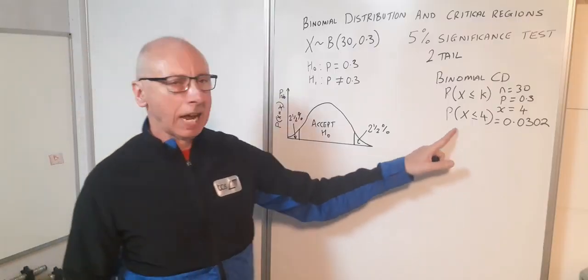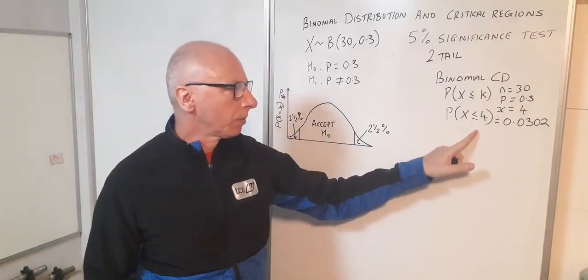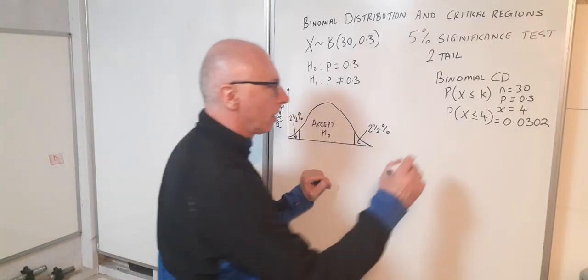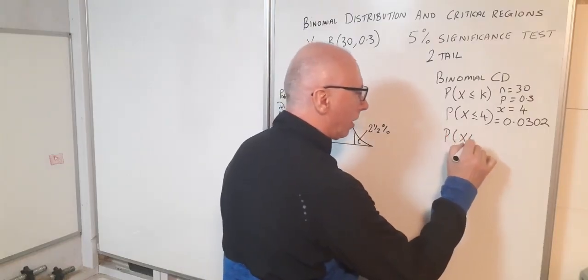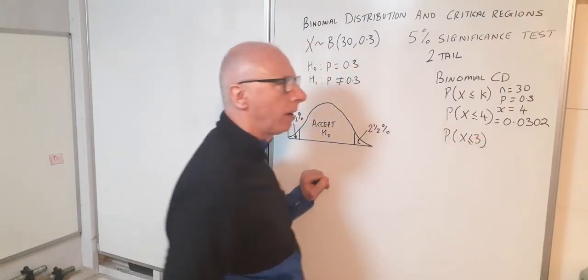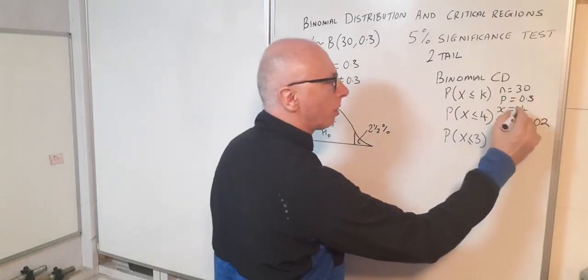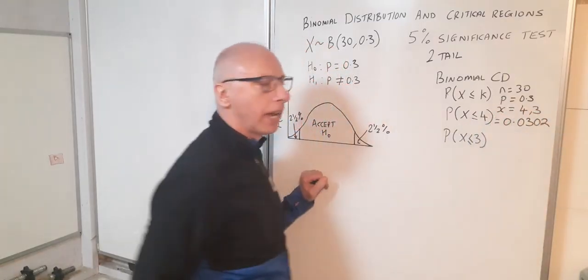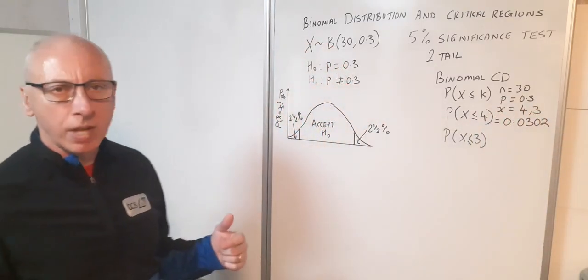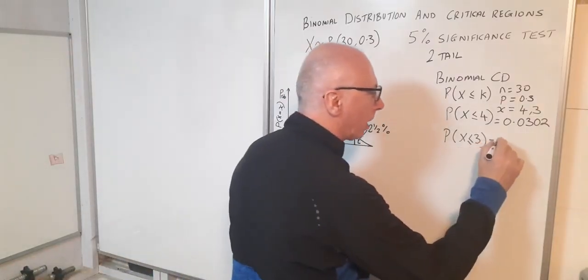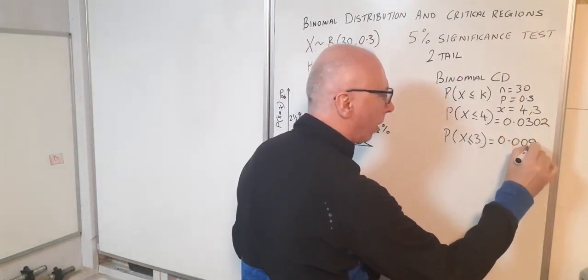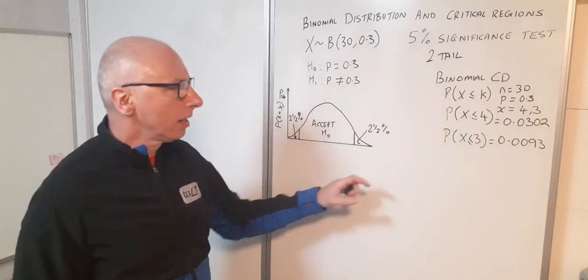So now we want to try maybe the next one down. So X is less than or equal to 3. Let's put that in our calculator and work it out. This time, same first two numbers with n and p, but this time try X is 3. If you do that, it will come out at approximately 0.0093. So that is quite a big jump.